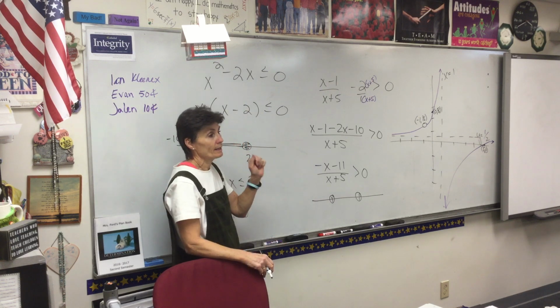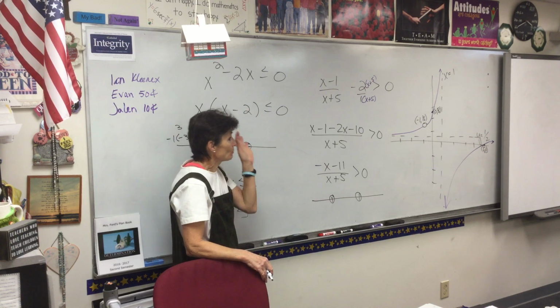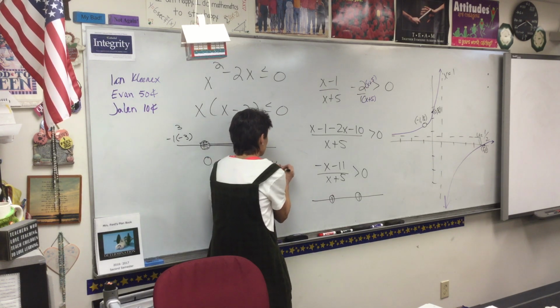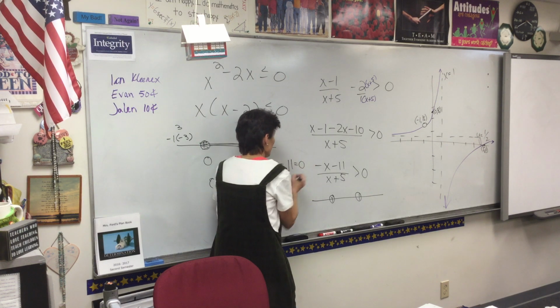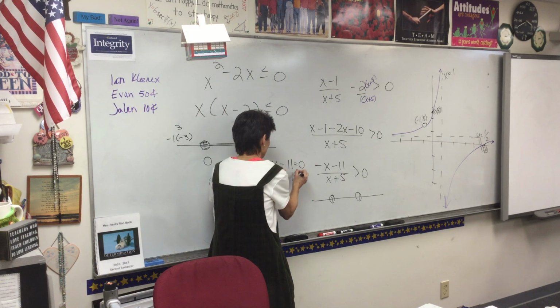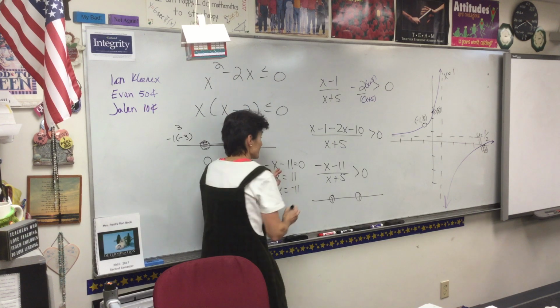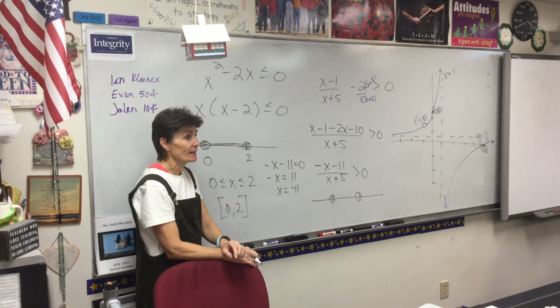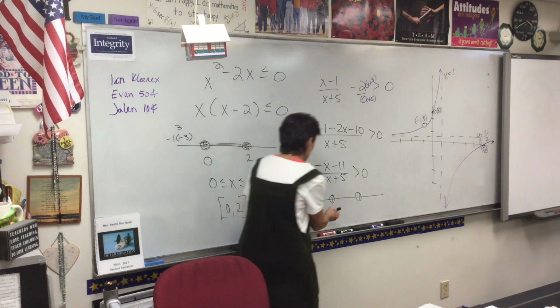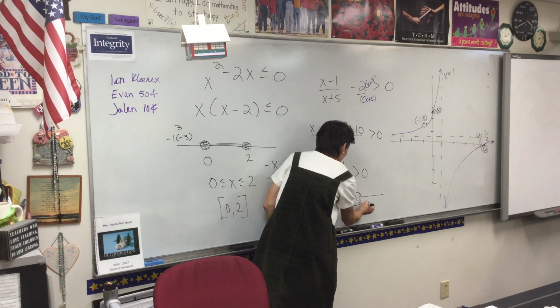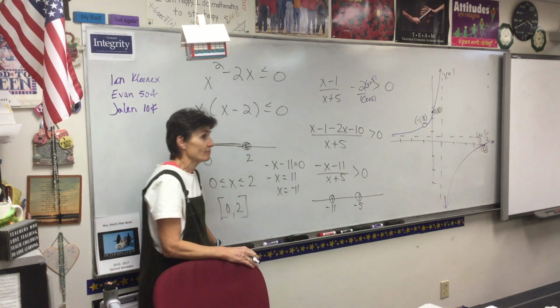The top one, don't risk it. Set it equal to 0 and solve it. So it looks like the top dot is going to be at -11. So I have a dot at -11 and a dot at -5.